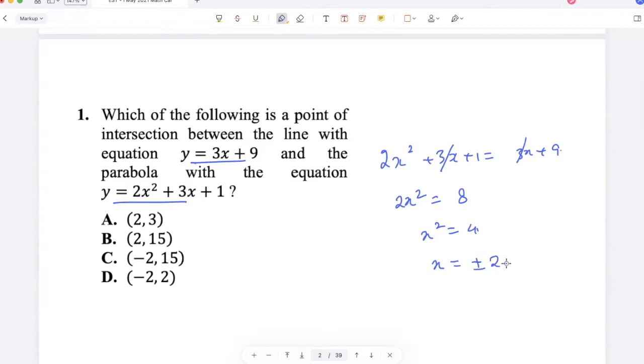When x is plus 2, then y is 3 into 2, 6 plus 9, 15. So one point is 2, 15. And when x is negative 2, then y is 9 minus 6, which is 3. So another point is minus 2, 3. So 2, 15, option B.